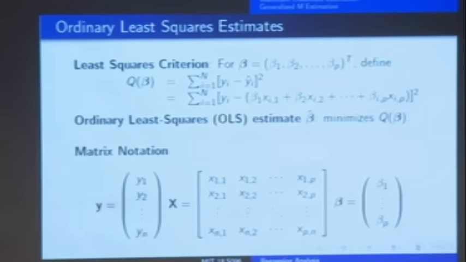We're going to take the y vector, the vector of n values of the response variable, and X, the matrix of values of the independent variables. It's important in this setup to keep straight that cases go by rows and columns go by the independent variables.